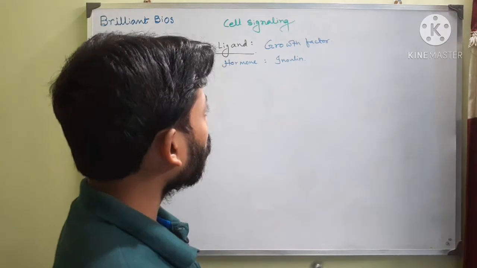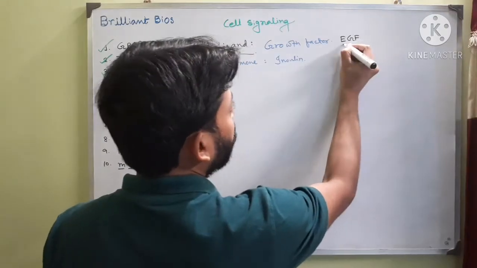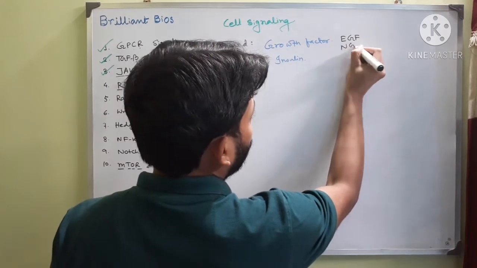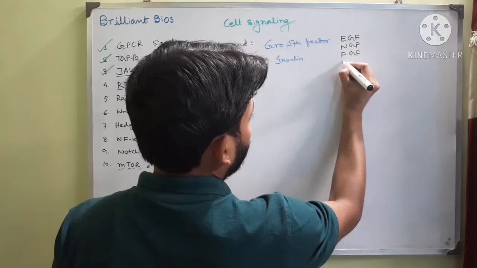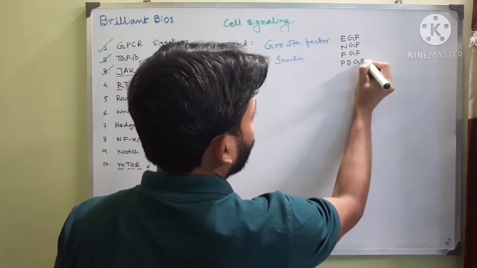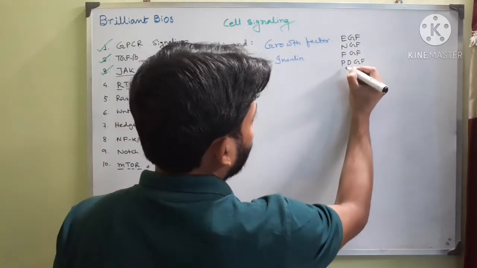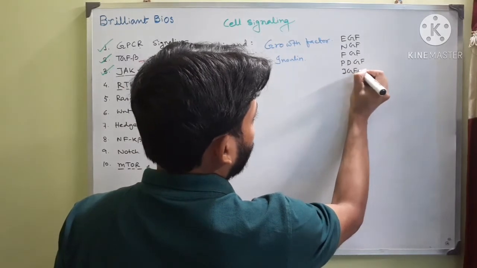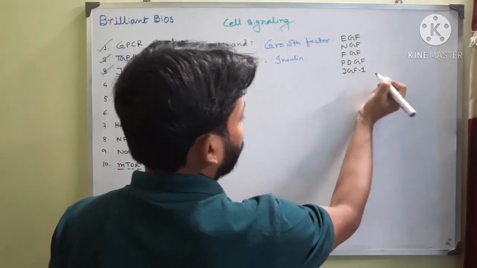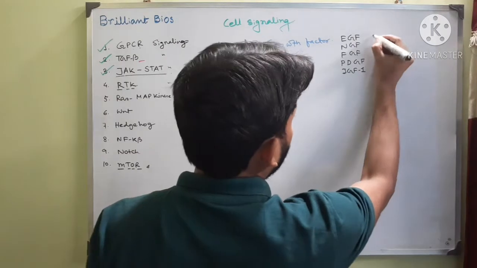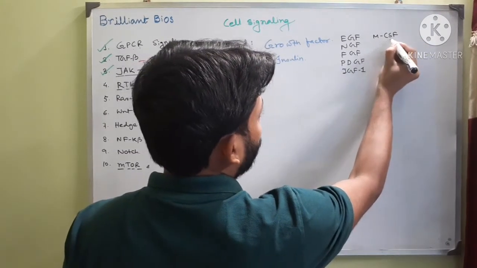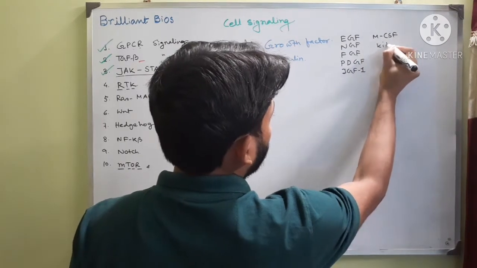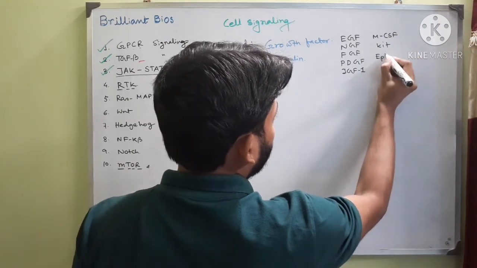The names of these growth factors are EGF, that means epidermal growth factor, NGF, nerve growth factor, FGF, fibroblast growth factor, PDGF, platelet derived growth factor, IGF-1, that is insulin like growth factor 1. Another you can remember, MCSF, that means monocyte colony stimulating factor, KIT, a stem cell factor, and ephrin.